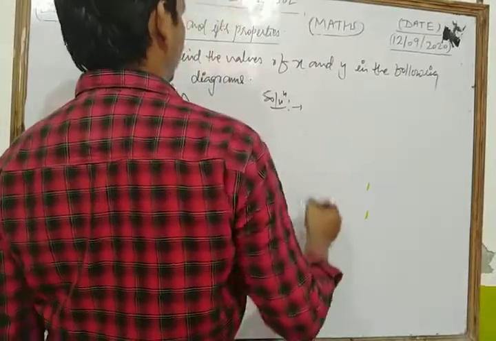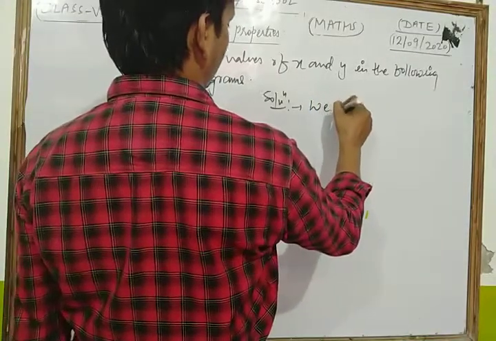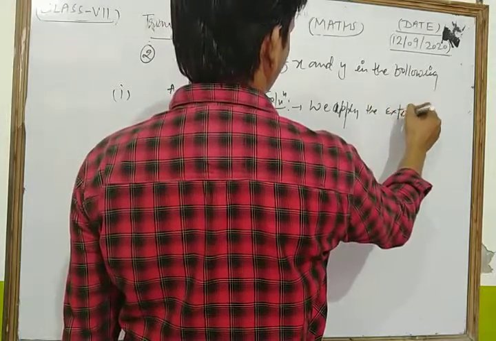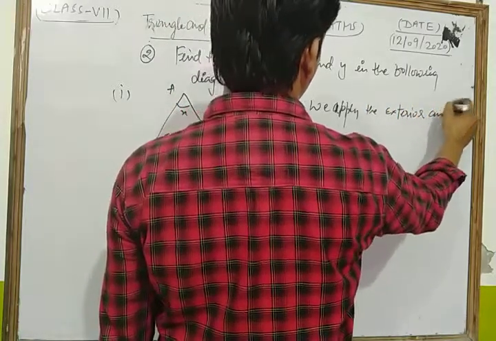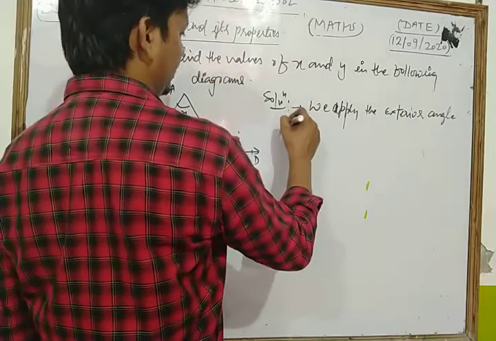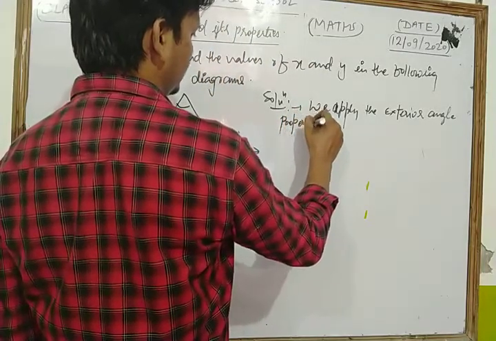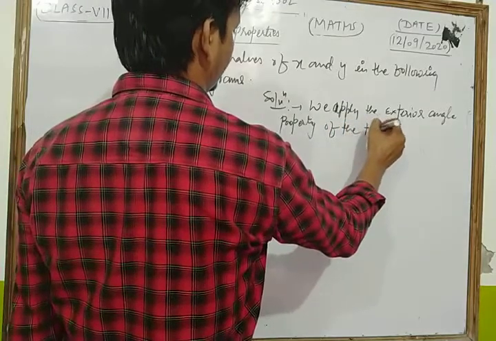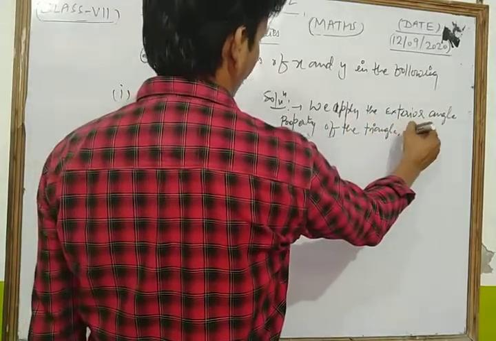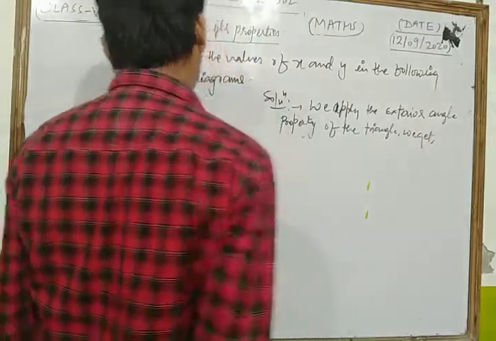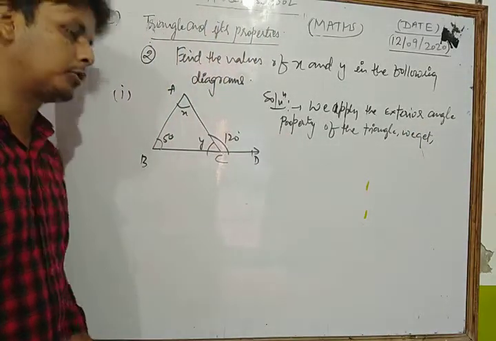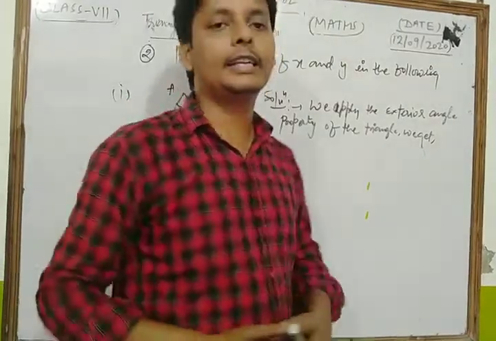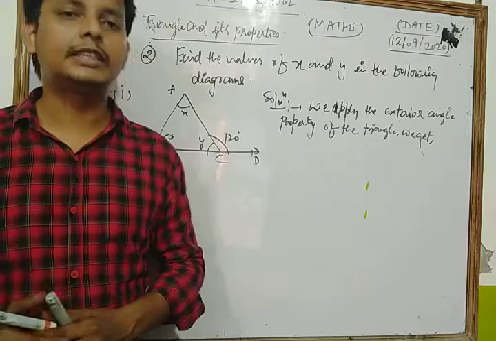First we apply the exterior angle property of the triangle. If we apply the exterior angle property, then what do we get? We know that the exterior angle of a triangle is equal to the sum of its two opposite interior angles.